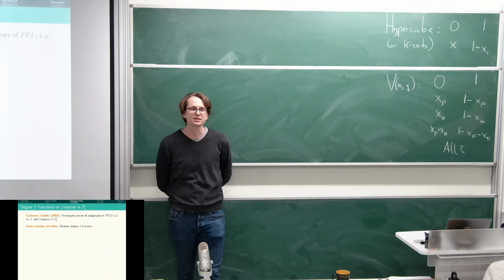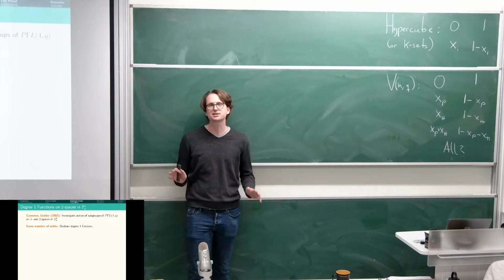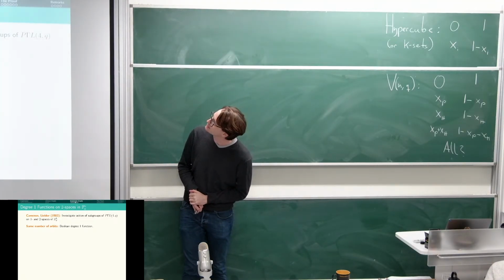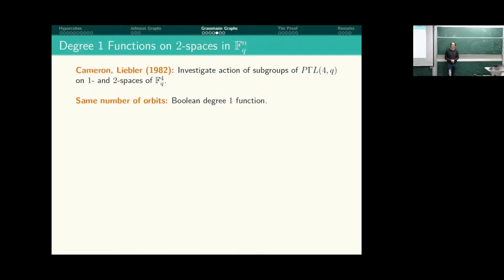And surprisingly, this I think is the oldest problem in my talk, because it was first investigated by Cameron and Liebler in 1982, who were motivated by group theory and who were motivated by this question.